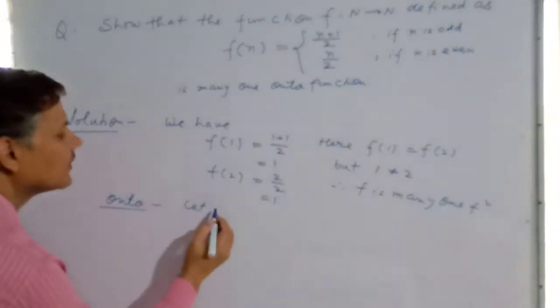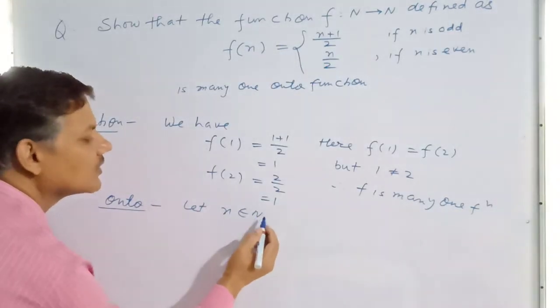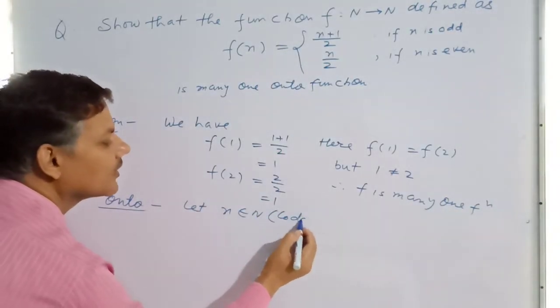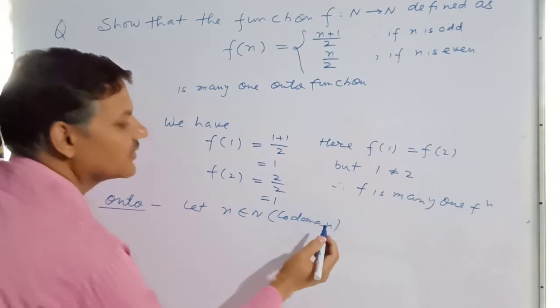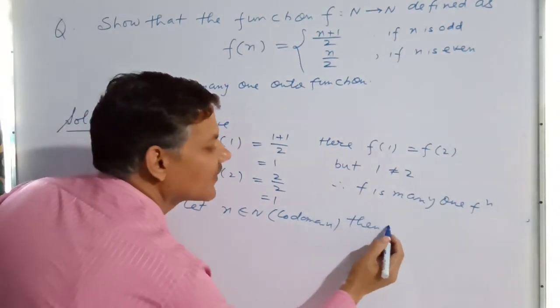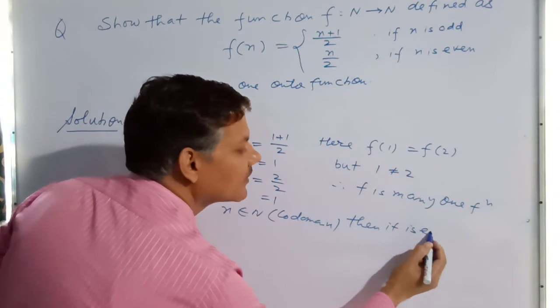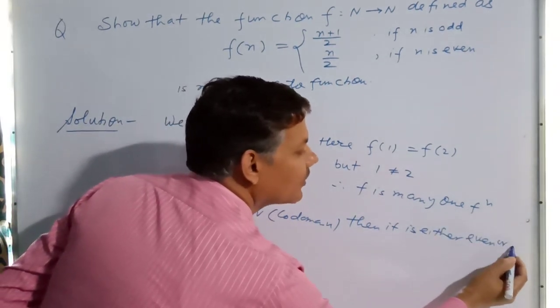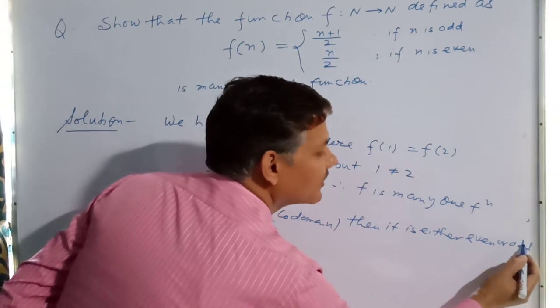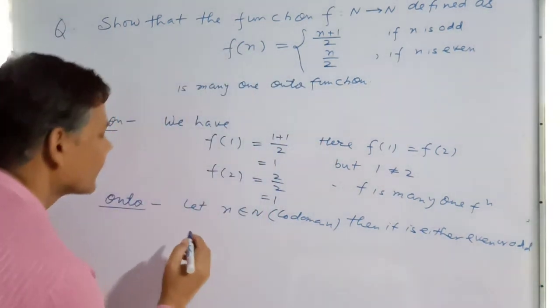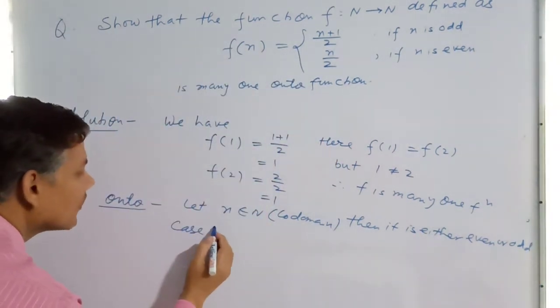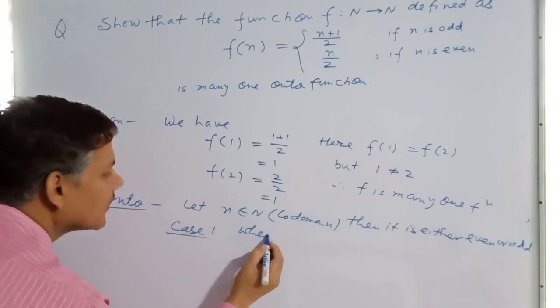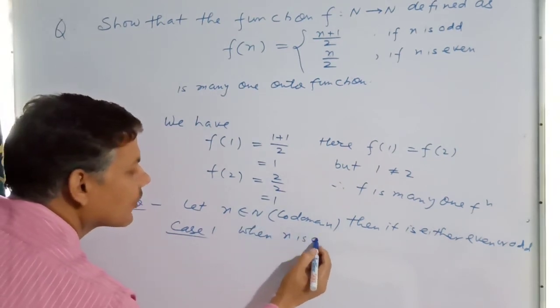Let n be any natural number, that is in the codomain. Then it is either even or odd. So that's why there arise two cases. Case number 1, when n is odd.